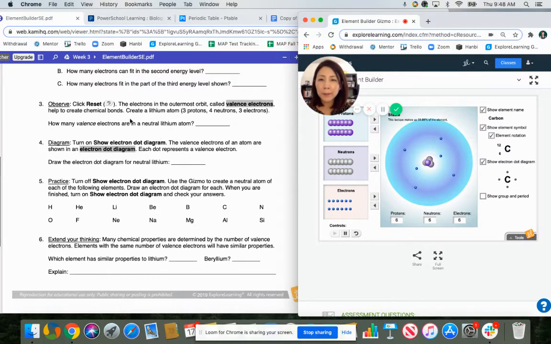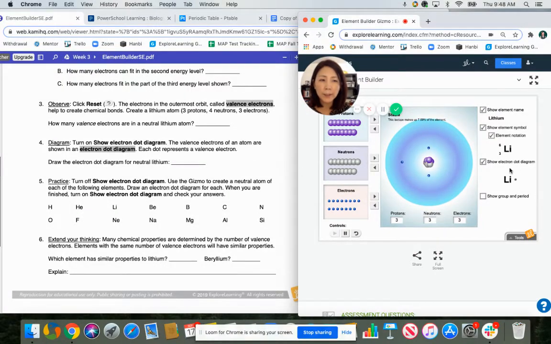So right here for valence electrons, if we create lithium, which is 3 protons, let's go ahead and give it 3 neutrons and 3 electrons. Okay, there are 3 electrons, but the number of valence electrons is going to be 1. Okay, so that's right there. And then it says draw the electron dot diagram for lithium.